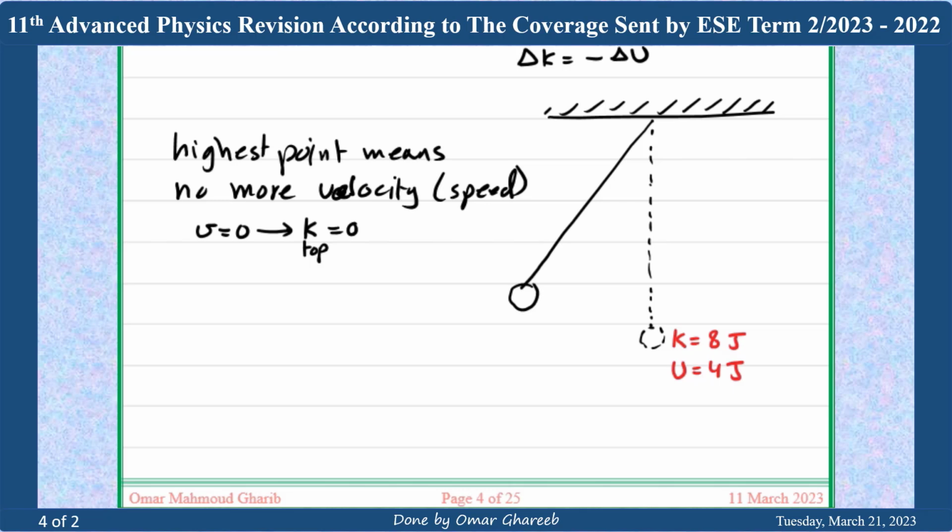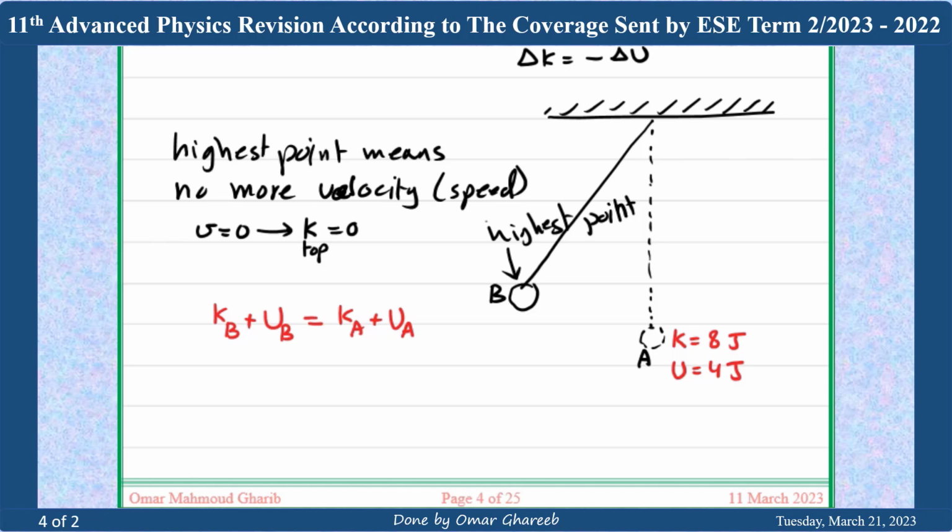Now, here is the highest point. Let us name it B, and the lowest point is A. Now, write down the conservation of energy formula. The one that will satisfy this question is kinetic energy at B plus potential energy at B, which is the final, equals kinetic energy at A plus the potential energy at A. Now let us substitute the situations.